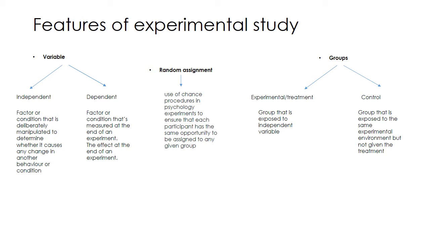Okay, now the third element is groups. So I think we have talked about it earlier. You need to have at least two types of groups when you are doing an experimental study. One is the group that is exposed to the treatment or experiment or intervention. The other group shares the same experiment environment, but will not get any treatment or intervention that you would like to examine.